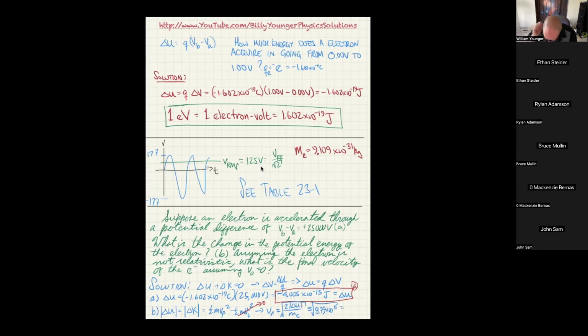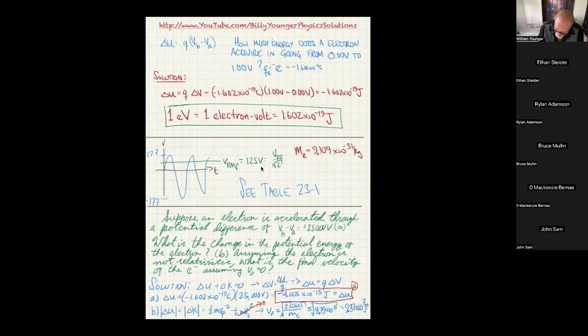Unit-wise, it does work out, but you're going to see this is going to greatly exceed the speed of light, because technically this is a relativistic calculation that we should be doing here. So I'm going to take the square root of that answer, and that's going to give me 9.37 times 10 to the seventh meters per second.